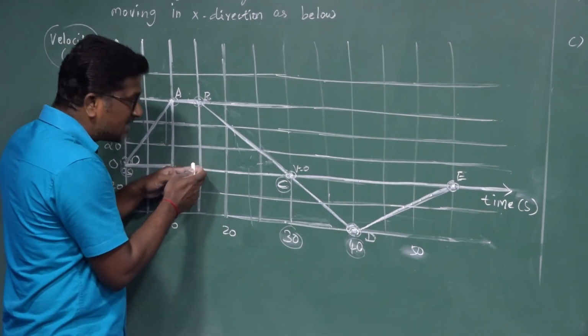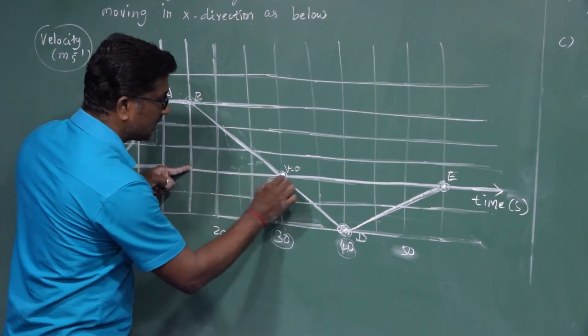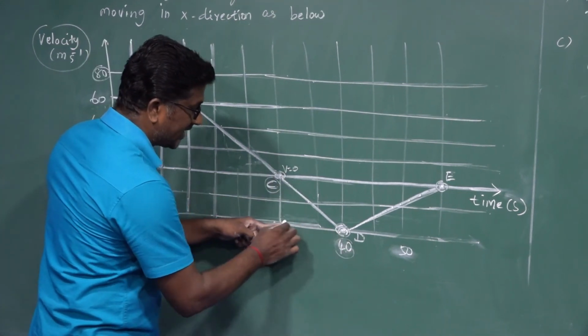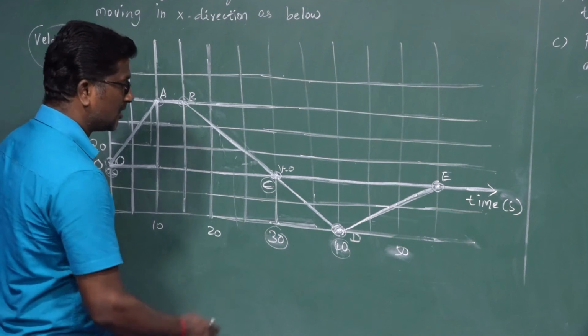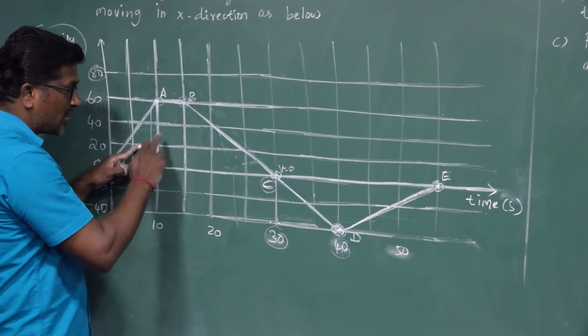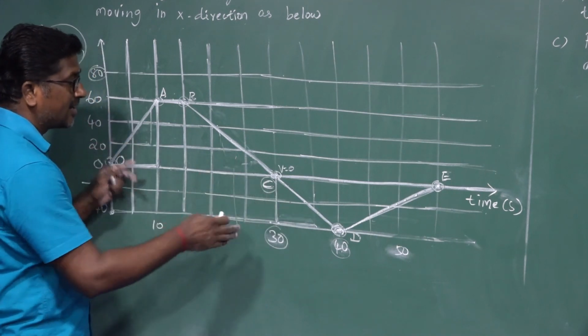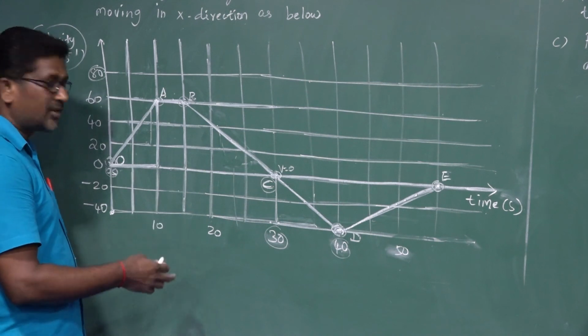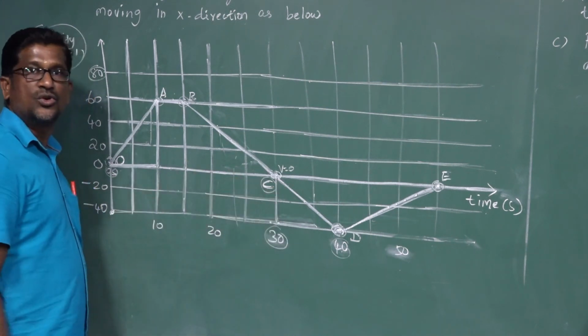Next, from 15 seconds to 30 seconds, triangle. From 30 seconds to 40 seconds, again triangle. So there are 3 triangles and 1 rectangle. The sum of the areas of these 3 triangles and 1 rectangle gives the total distance traveled by the particle from 0 seconds to 40 seconds.